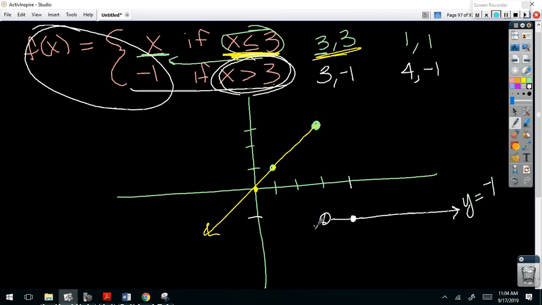I've said, yes, you're the line y equals negative 1, but you can only be that when x is bigger than 3. Well, you do. If you have y equals negative 1, if you plug in 3 for x, what do you get for y? That's where I got these points.